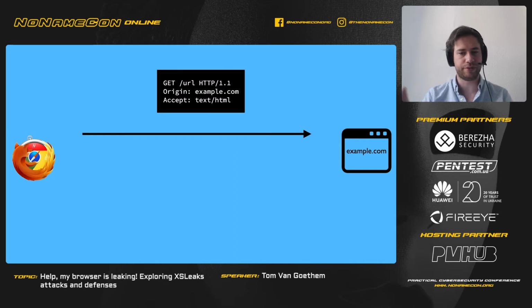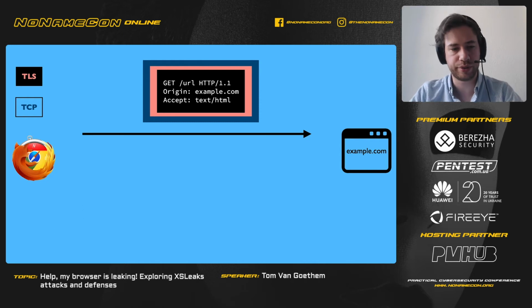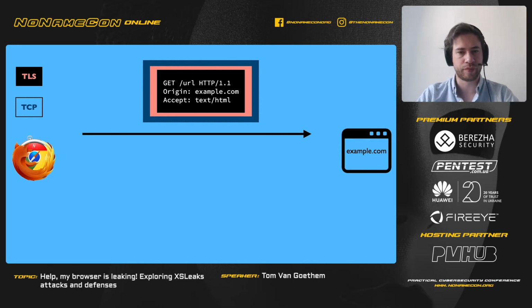So we have our GET request to the server, which will be encrypted using TLS. Then, because it's a TCP connection, it will be put into a TCP packet. And in this case, the request might be something like 481 bytes, so it's fairly small.